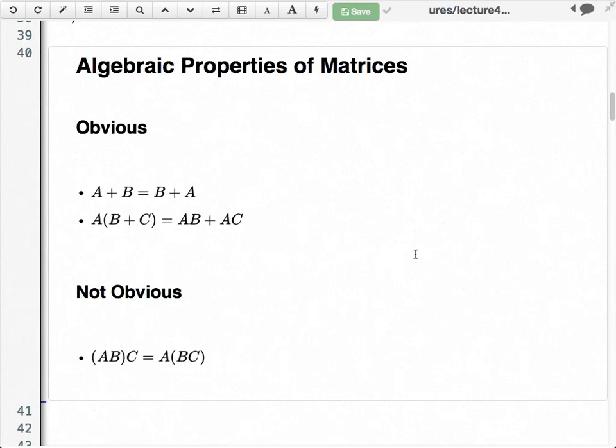Since it's a finite sum, you can combine this into one big sum, and you end up with the same thing you have over here. This expression right here is A sub ik B sub kj plus A sub ik C sub kj. And so you get 2m total summands that look like this. And over here you have 2m total summands, and they're exactly the same. And so these two are equal.